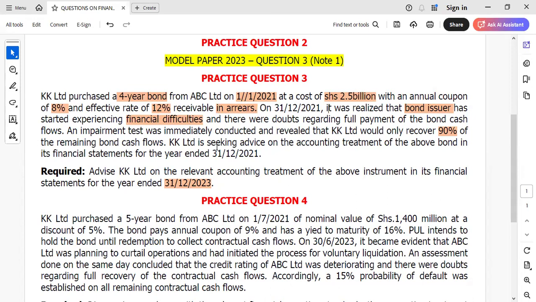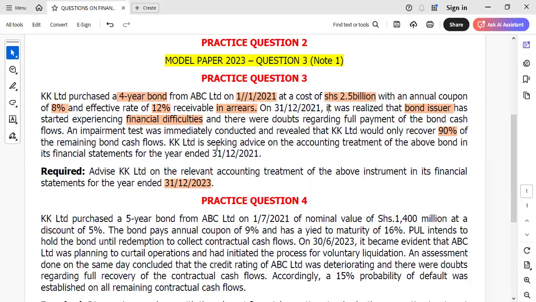As you test for impairment, you're simply comparing the carrying value with the recoverable amount. We'll see how you get the recoverable amount and the carrying value, but at that point you must compare the two, the carrying value of the financial asset and the recoverable amount.